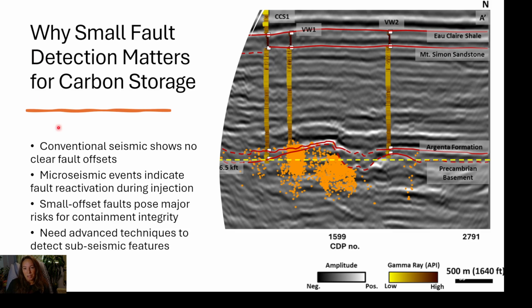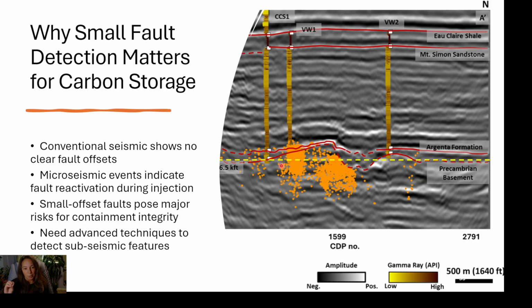And so here is just kind of a quick look at the area. So there's wells that have been drilled. Some of them have been injecting, doing carbon capture. We've got the microseismicity displayed here as the orange points, the well logs, and a lot of this injection has been happening in the Argenta Formation, and you can see also the Precambrian basement is mapped too.